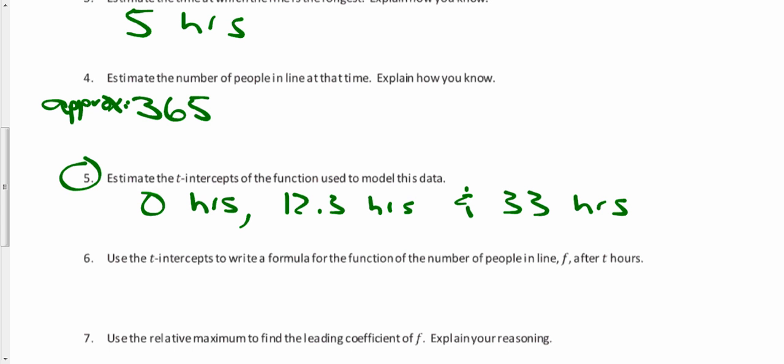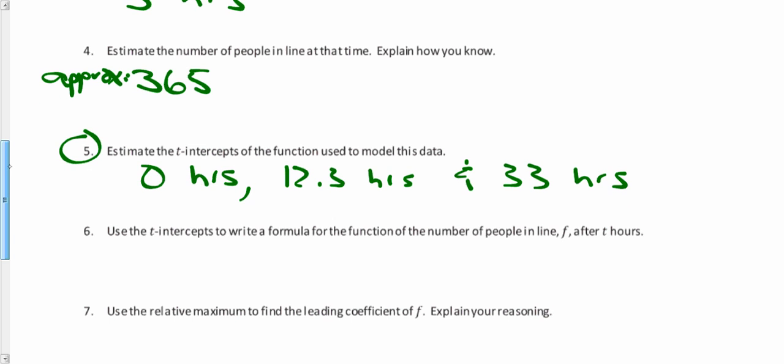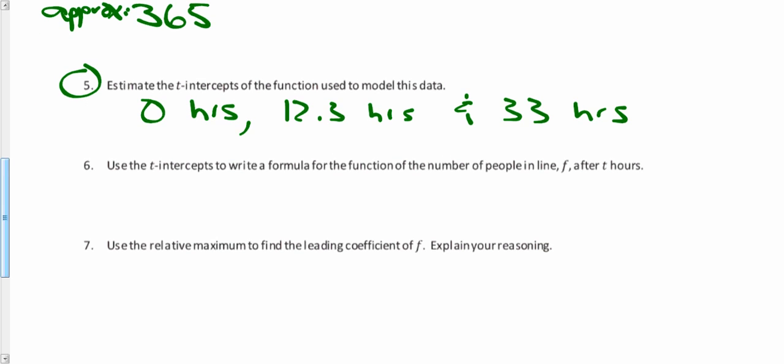Now, use the t-intercepts to write a formula for the function. This sounds a lot like I got zeros, and now I write my polynomial function, right? So, t equals 0. What's the factor that would make t equals 0 a solution? Just t, right?